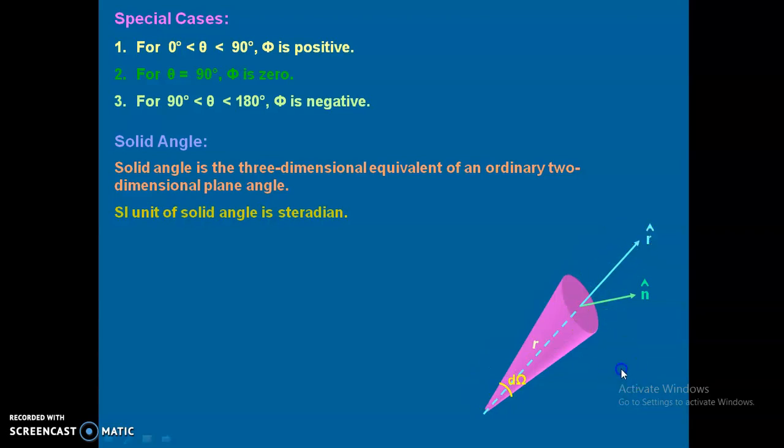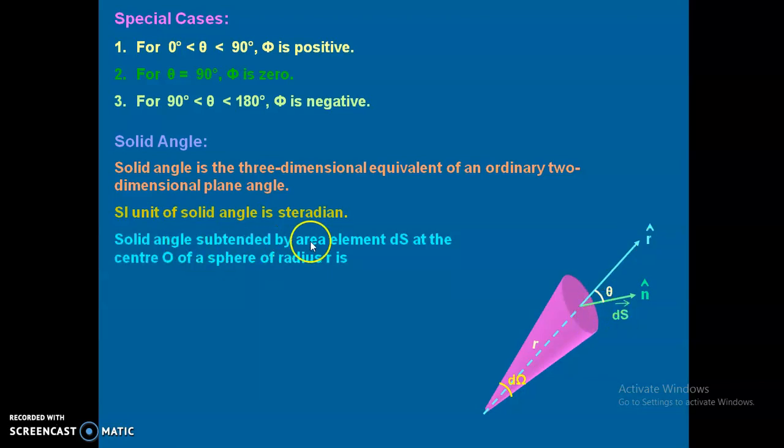Suppose theta is the angle between r cap and n cap. So solid angle subtended by area element dS at the center O of a sphere of radius r is d omega equal to dS cos theta by r square.